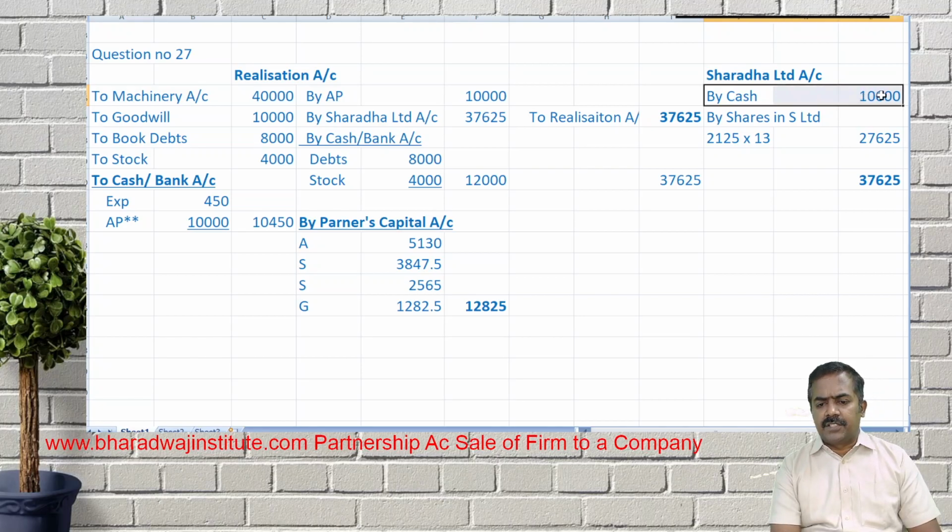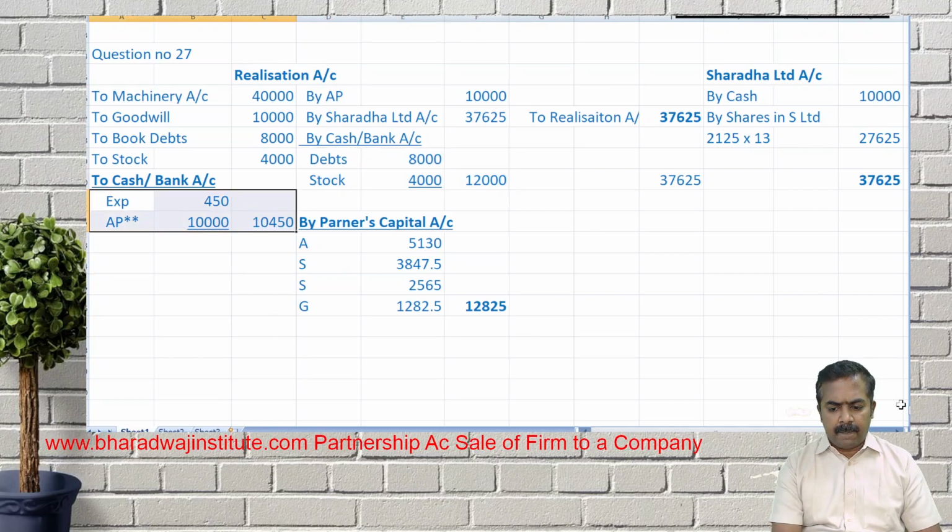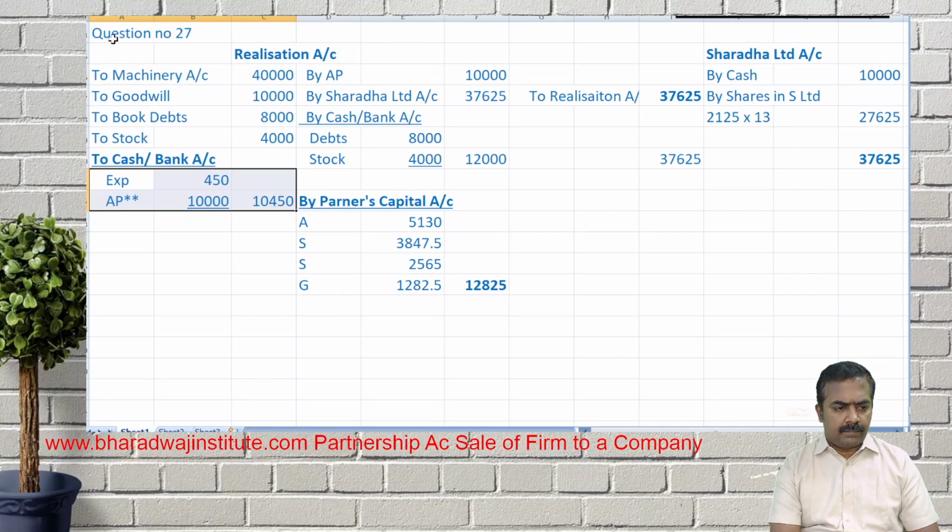We received a cash consideration of 1,000. We sold assets for 12,000 and we paid liabilities and expenses 10,450.